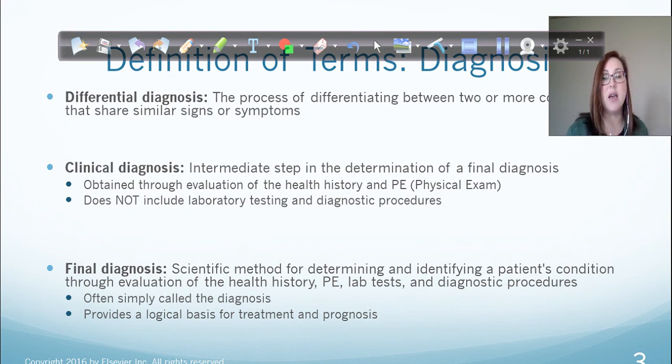It provides a basis for treatment, so how you're going to treat the patient, as well as their prognosis. So maybe that patient that presented with a sore throat, they have a strep test, it comes back positive, so the patient is treated based on their diagnosis of strep throat. They're given an antibiotic, and their prognosis is that they will feel better, usually within 48 hours.